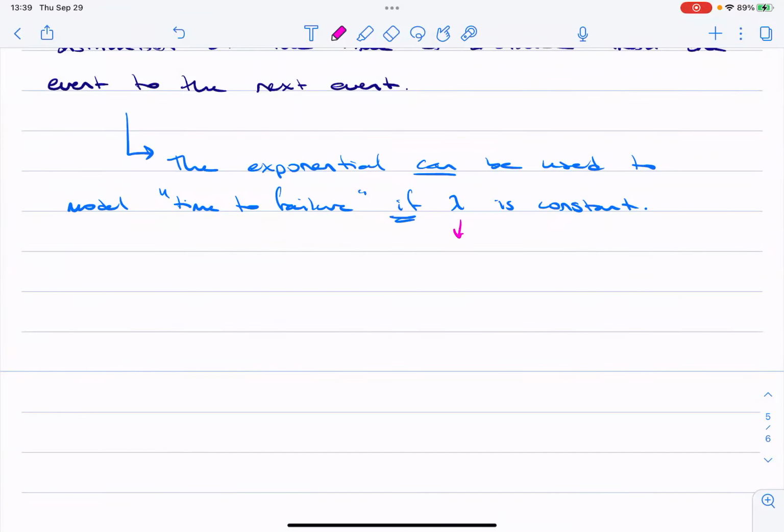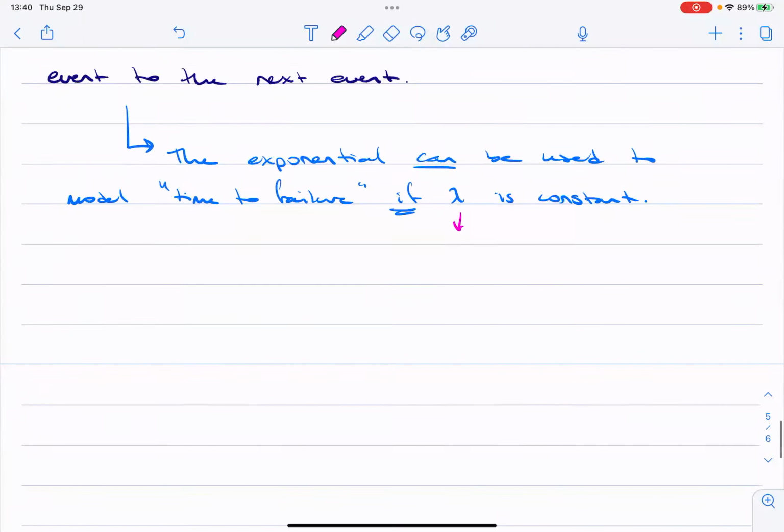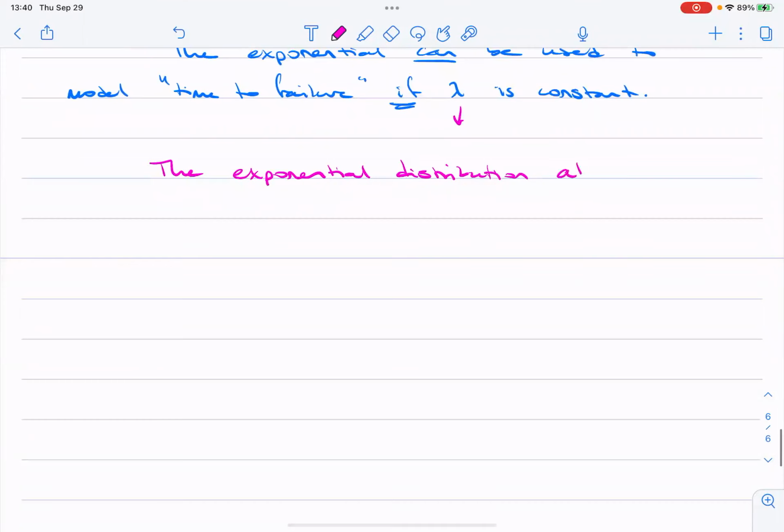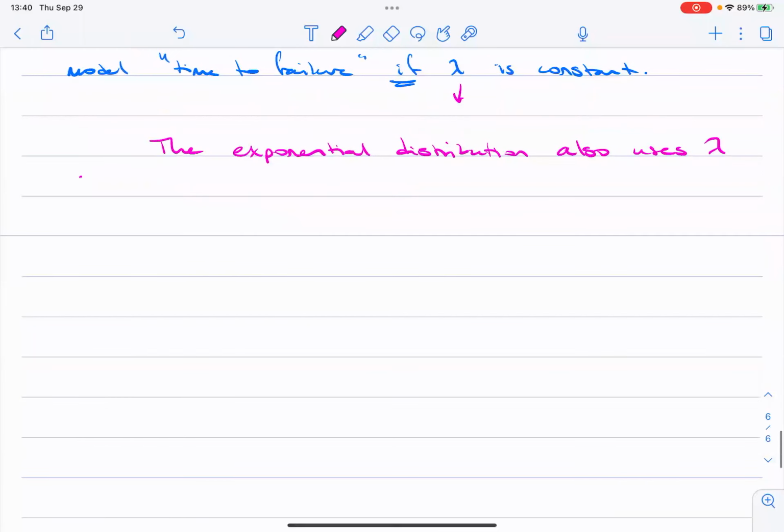The Poisson counts how many things happen in a certain amount of time, and now, how long is it going to take until the next event? They rely on the same thing, so the exponential distribution also uses lambda, which is the rate from the Poisson.